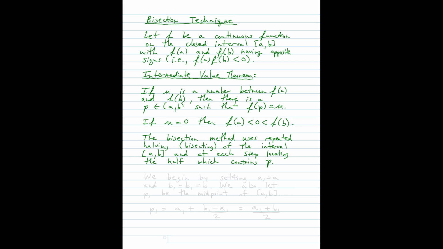We also let p1 be the midpoint of [a, b]. So that means p1 equals a1 plus (b1 minus a1) over 2, which is equal to (a1 plus b1) divided by 2.